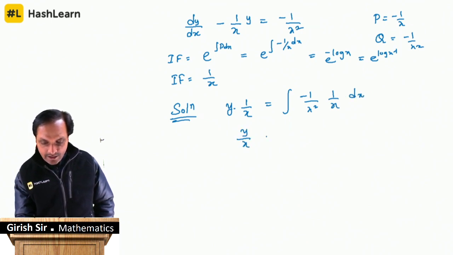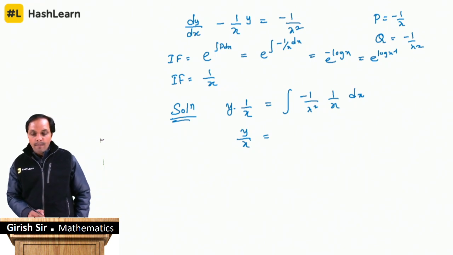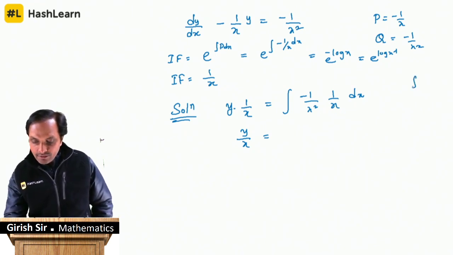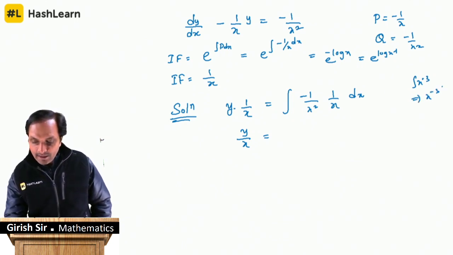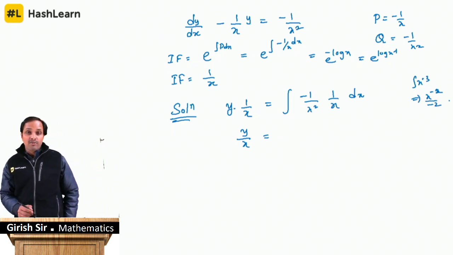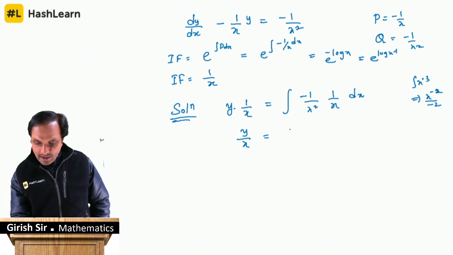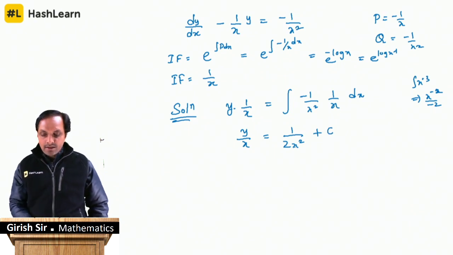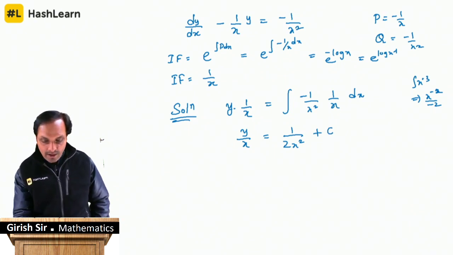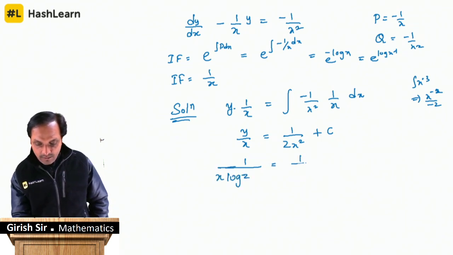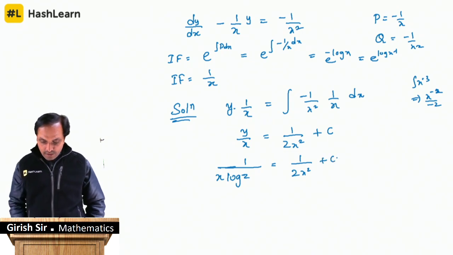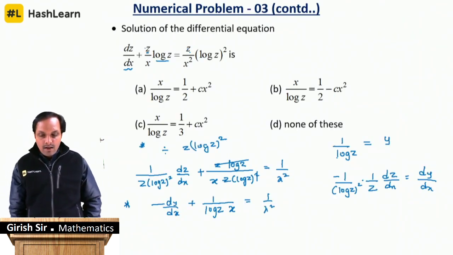Let us integrate this now. So integrating this, this became x to the power minus 3. What is integration of x to the power minus 3? x to the power minus 3 plus 1 is minus 2 divided by minus 2, so minus minus becomes plus 1 by 2 into x square plus integration constant. Okay, and what is y? You know y, you have taken 1 by log z. This is x, 1 by 2 x square plus constant. So do you have any option here? So you have an option.